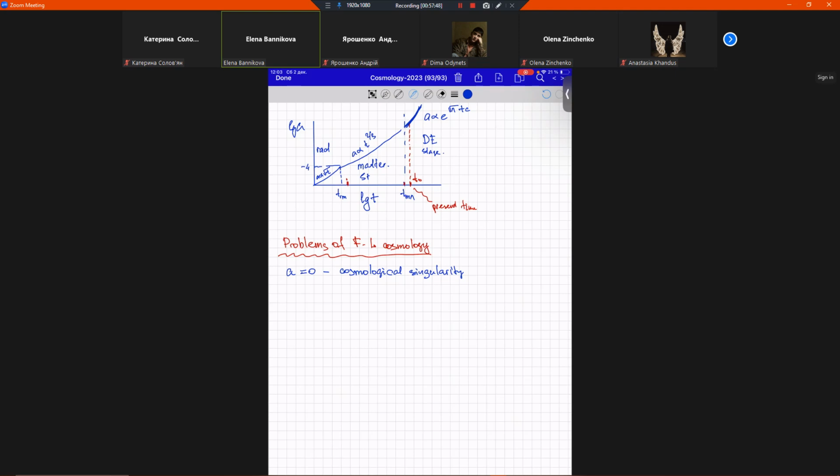So this is a problem, because in this case we don't even have permission to use it. In principle we can, and we will use now, since we don't have anything else, the equation for the radiation age when we speak about the early stage of the universe, but considering that we are a little bit around the Planck scale.